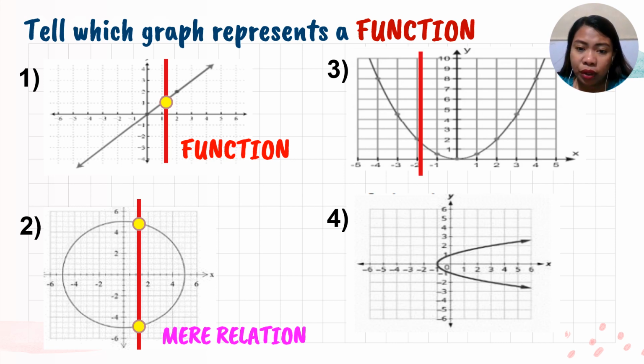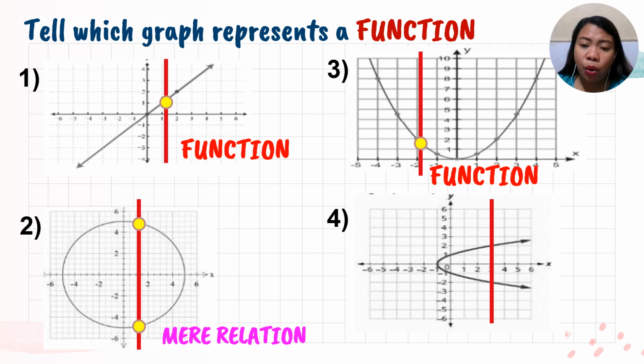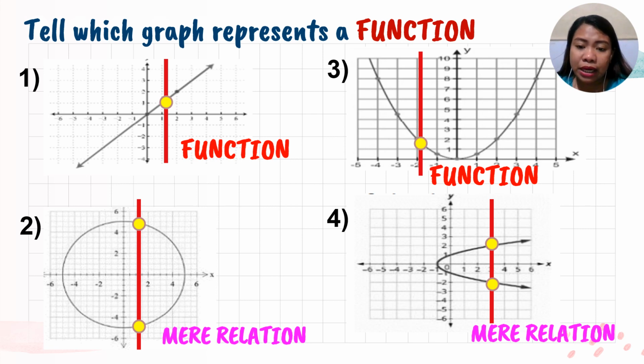If we do here vertical lines and it has exactly one point of intersection, meaning to say that is a function. Okay? While in number 4, if we draw a vertical line, we have here two intersections. So meaning to say this is merely a relation. Okay?